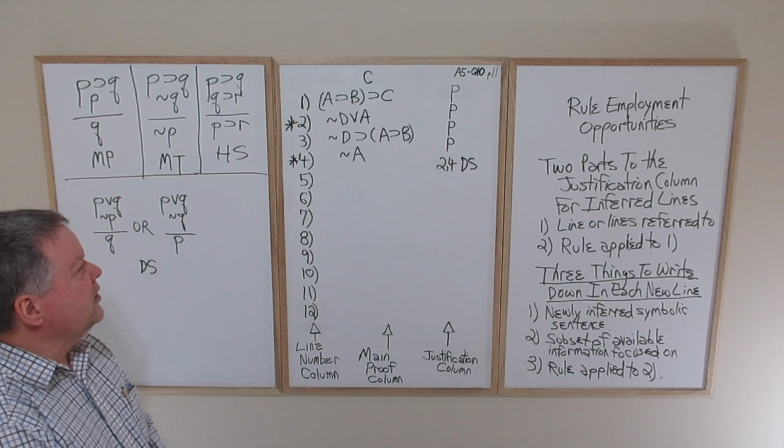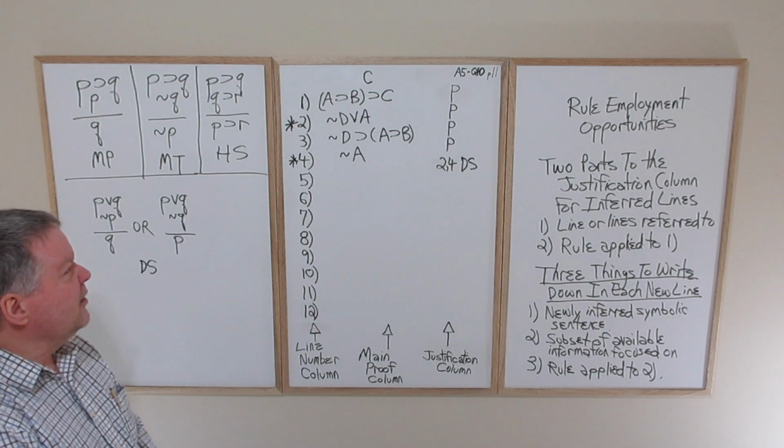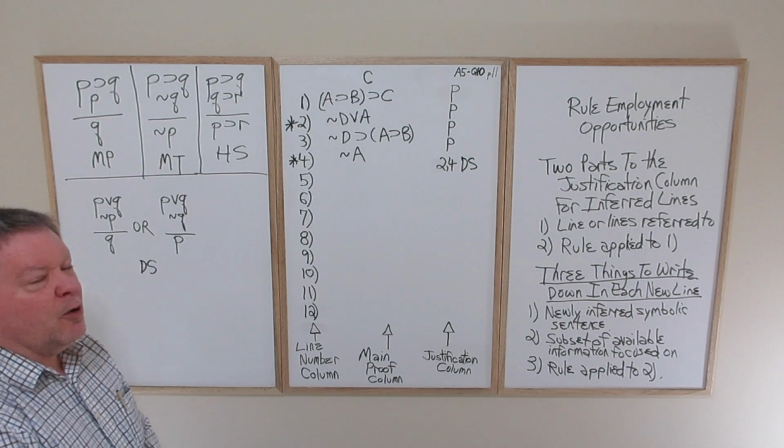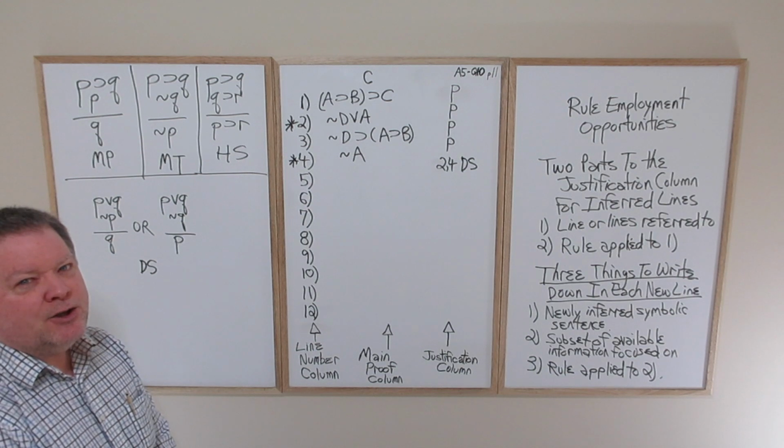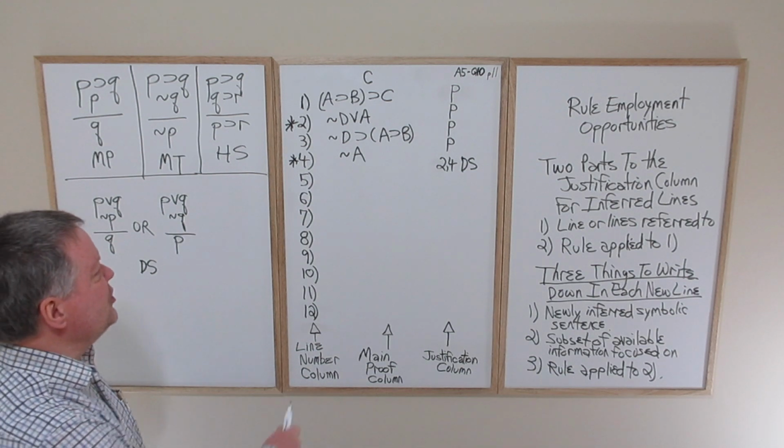We've got tilde D or A in line 2. In line 4 we've got the negation of the right disjunct.